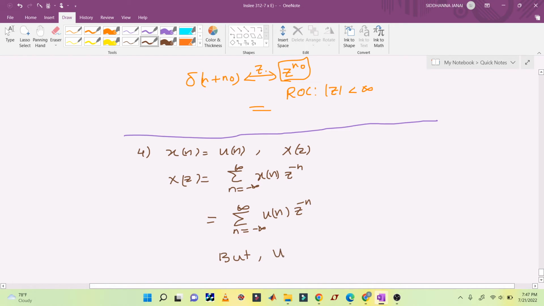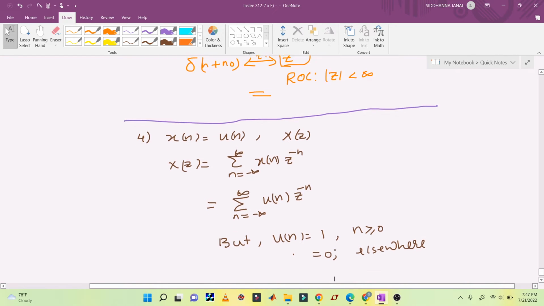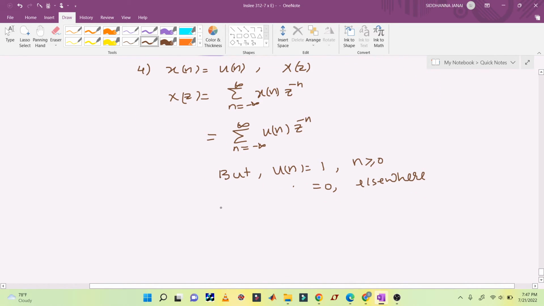But u of n is equal to 1 for n greater than or equal to 0 and equal to 0 elsewhere. Therefore the limits will change as summation n is equal to 0 to infinity 1 multiplied by z to the power minus n. This is our x of z.